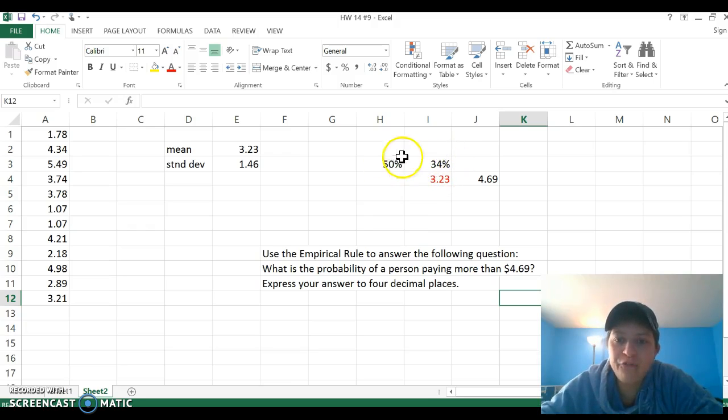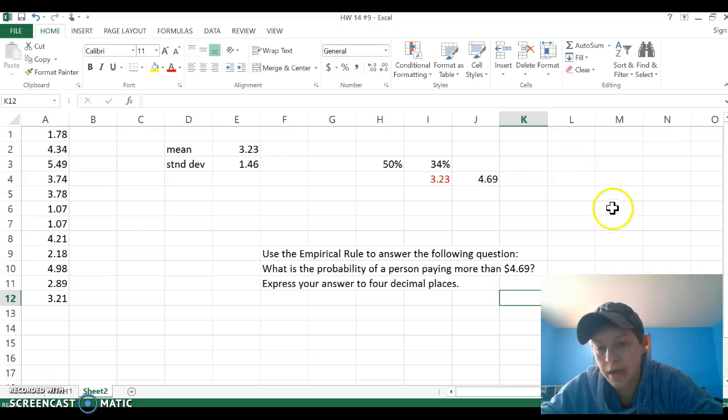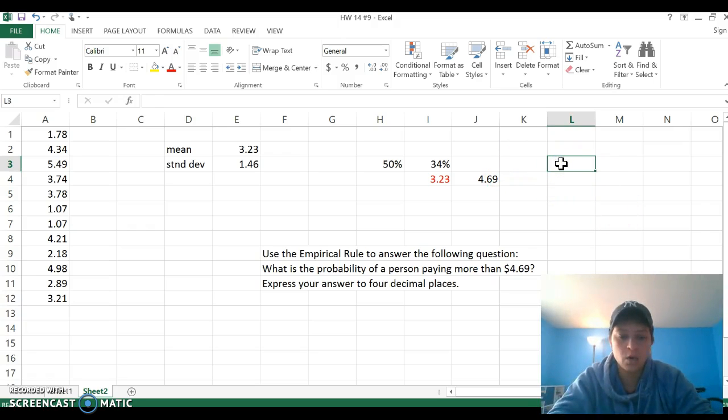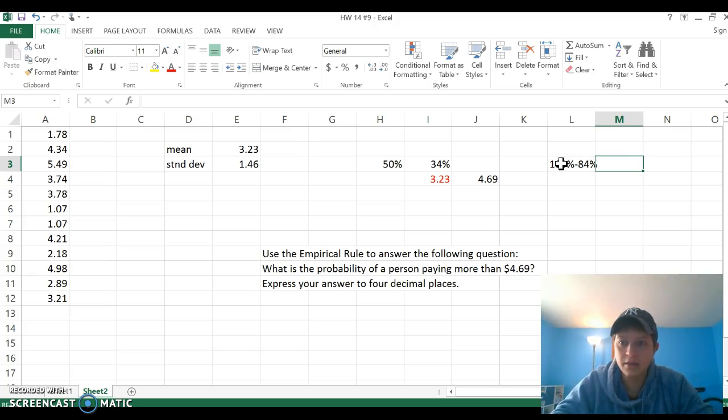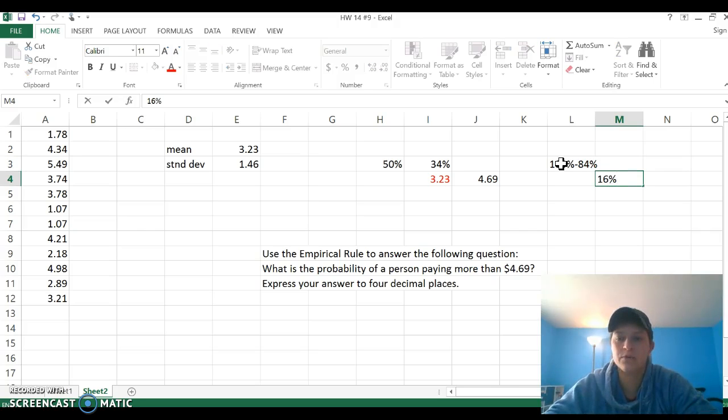So if 84% is to the left, how much is to the right? Well, if you take 100% and subtract 84%, that leaves you with 16%.